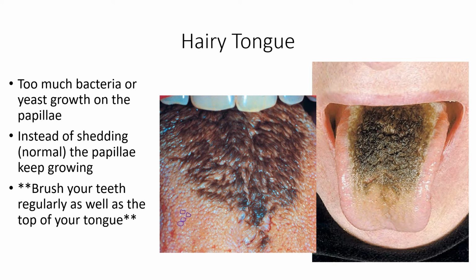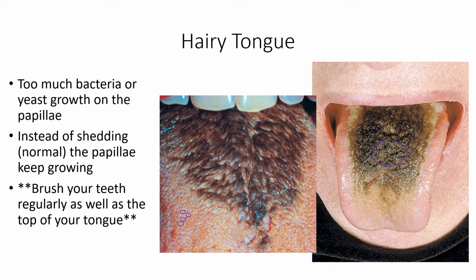What happens with this condition is that bacteria, or yeast, grows on these papillae. Instead of shedding, as papillae should do, the bacteria prevents them from breaking off, which is not a good thing. We do want that shedding. If you brush your teeth regularly, which hopefully you do, you also brush your tongue.